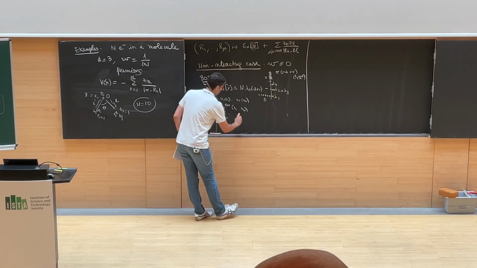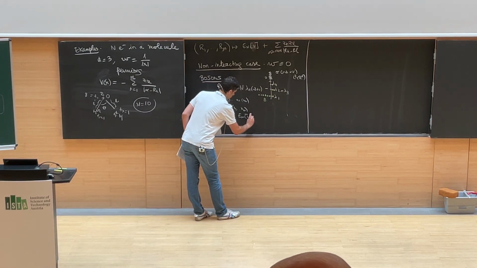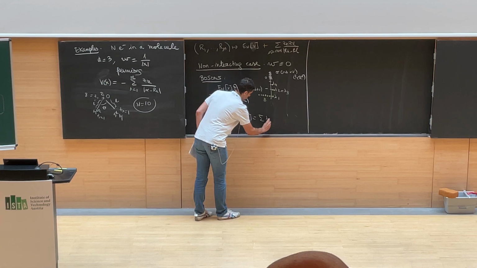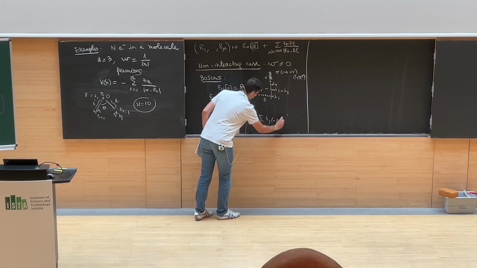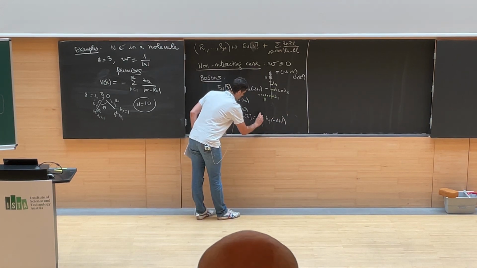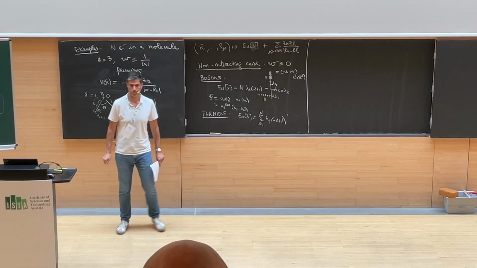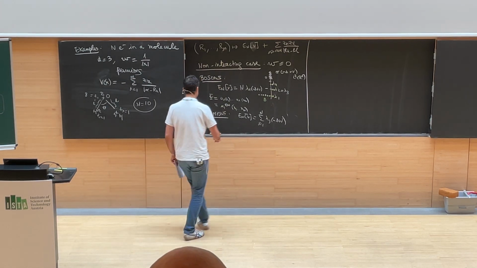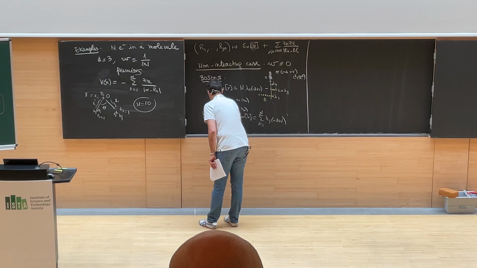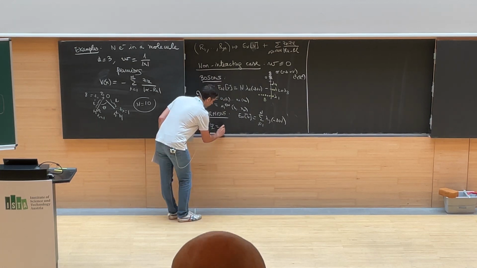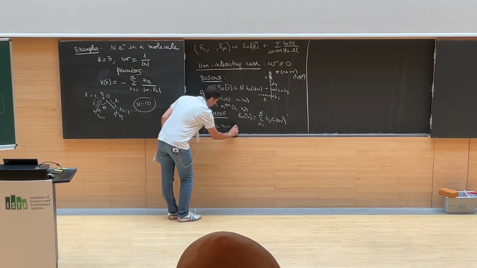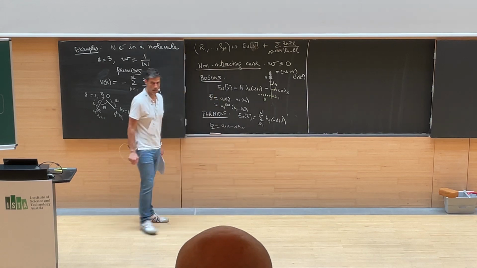So E_N will be the sum of lambda j of minus Laplace plus V, j equal 1 to N. And the psi will be a Slater determinant. Let me explain what that is, but let me write it's U1 tensor UN.